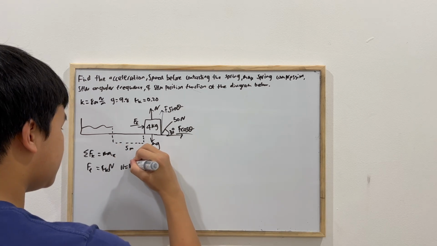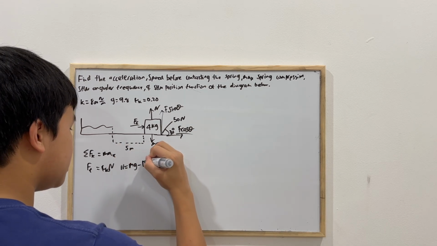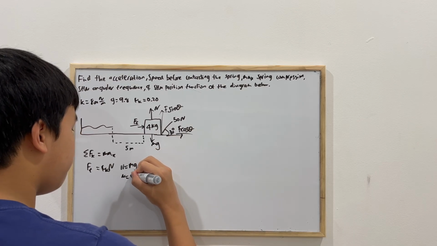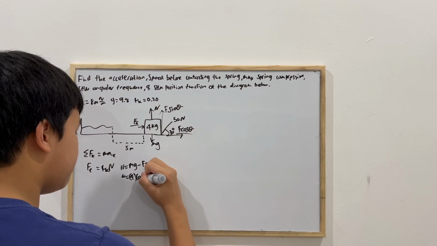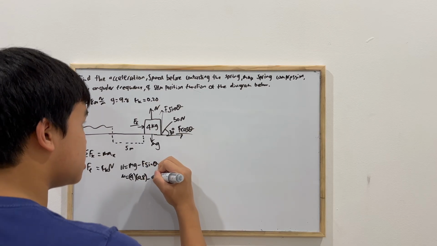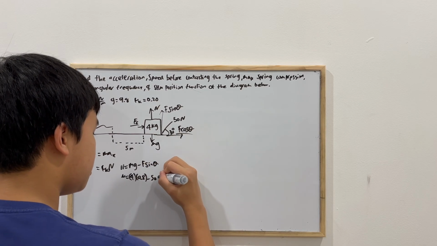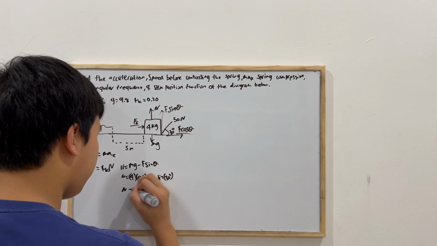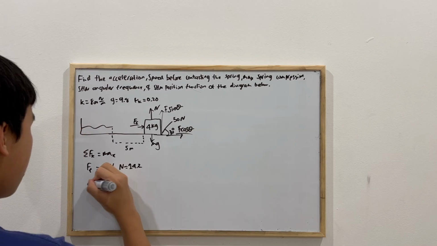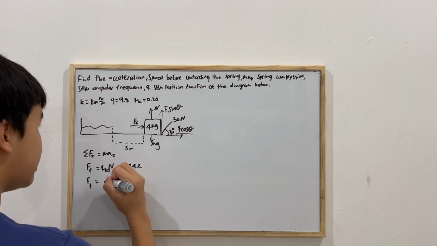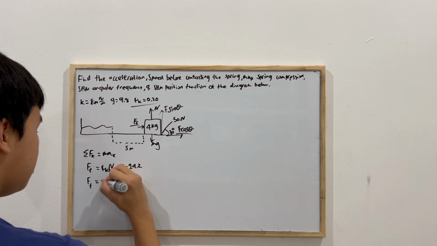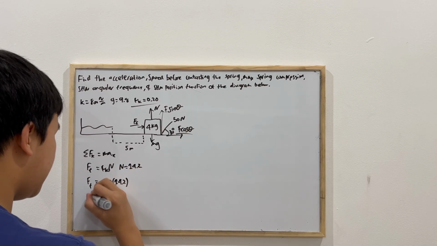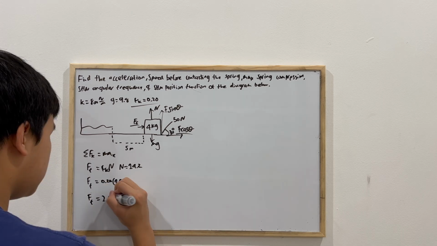The normal force in this case is mg minus F sine theta, which is 4 times 9.8 minus 50 sine 30, giving a normal force of 14.2. So the force of friction is 0.20 times 14.2, which gives 2.84.